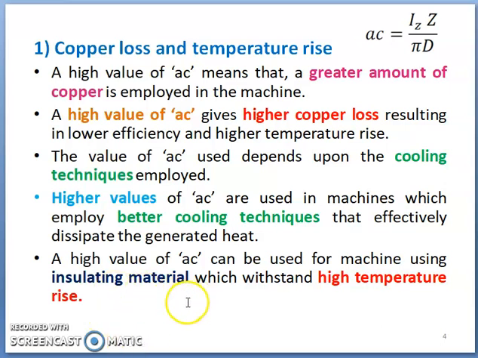Therefore, the designer may go for a higher value of AC when the machine is designed with a better class of insulation material, because higher classes of insulating materials like class F and class H withstand higher temperature, and this is permitted during design, depending upon the class of insulating material used.